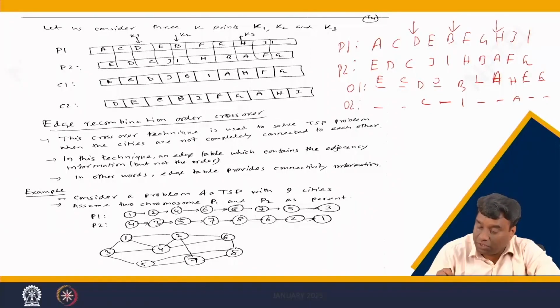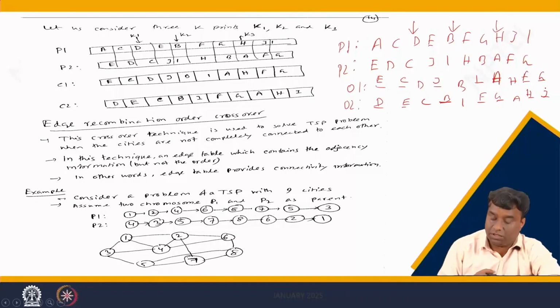Similarly, here A is already there, so we need to write C here, and D here. Here you need to write E, then you need to write B here, F here, G here, H here, and J here.